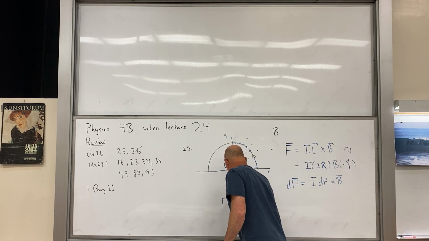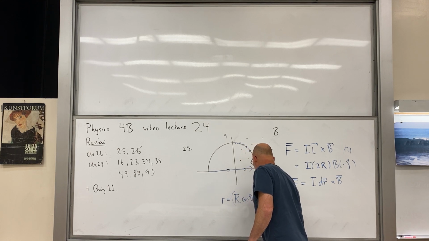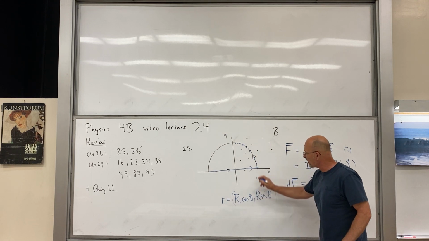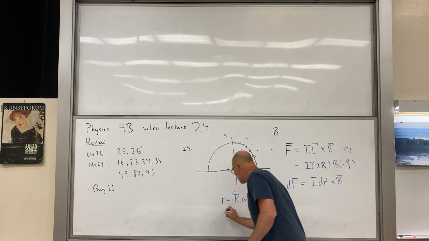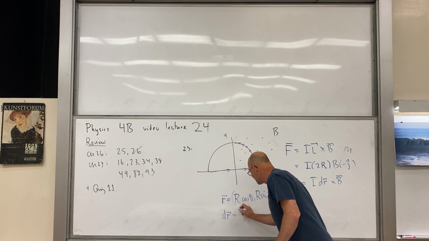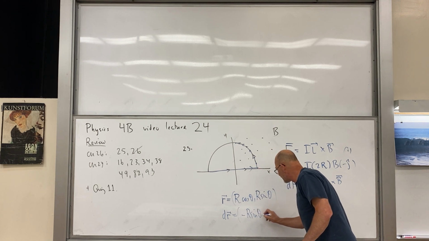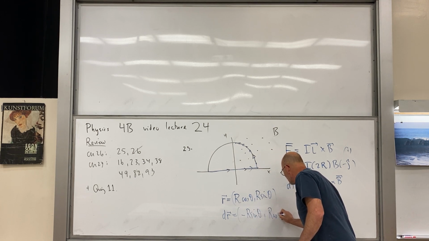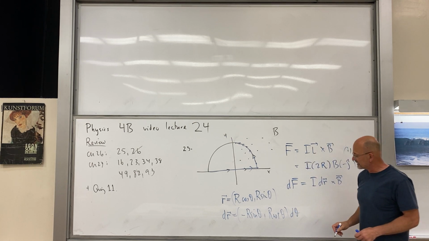So r, we can say, is the vector r cos theta, r sine theta, because we are on the arc of radius r at all times. So dr, this is a vector, would be the vector minus r sine theta, r cos theta, d theta. That would be that little dr.